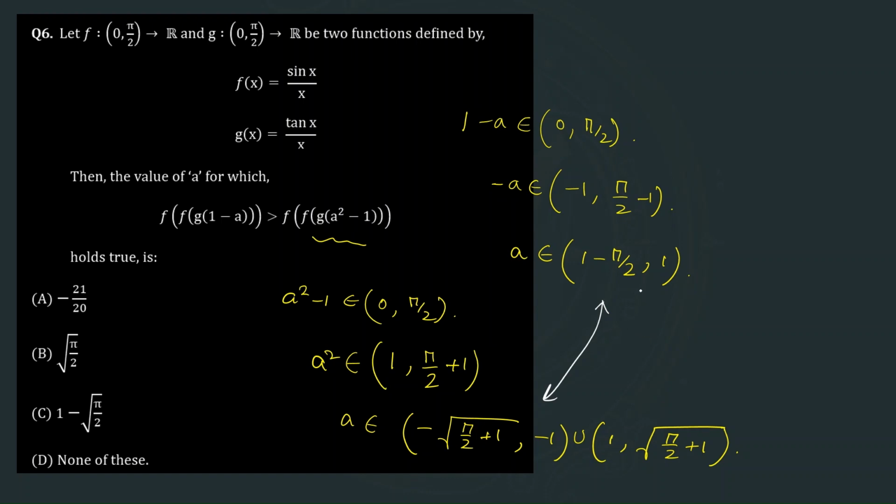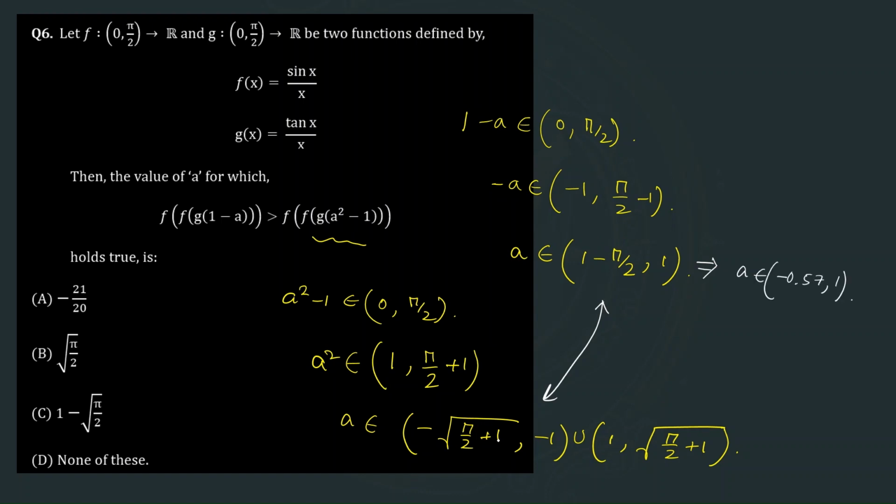So let us check whether these two are simultaneously possible or not. Now we know that pi by 2 is nearly 1.57. So here this implies a belongs to open minus 0.57 to 1.